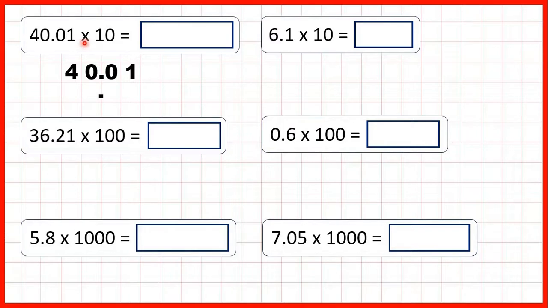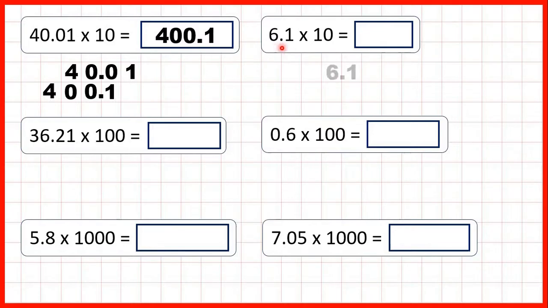Now when we multiply, digits move to the left, and we're multiplying by 10, which has 1 zero, so digits move 1 square to the left. So we can copy this 4 down, 1 square to the left, and do the same with all of our other digits. That gives us 400.1 as our answer.